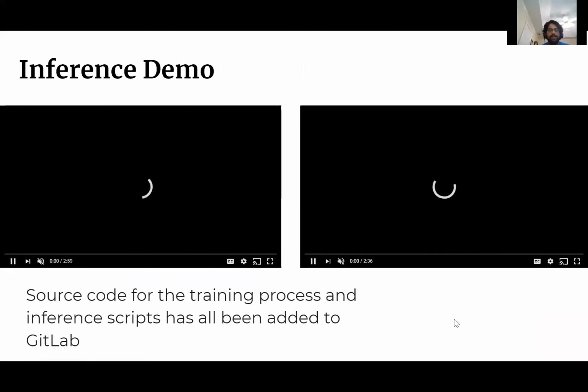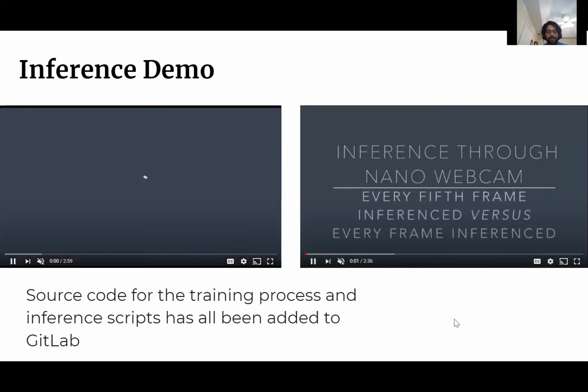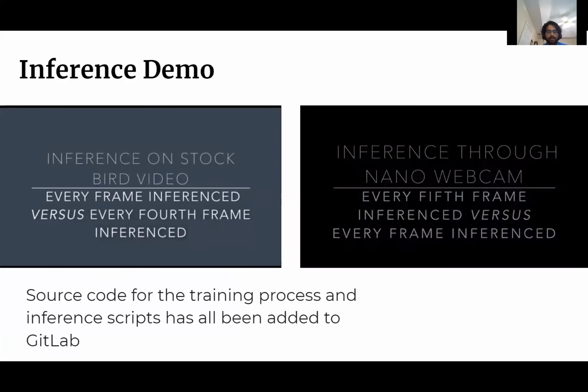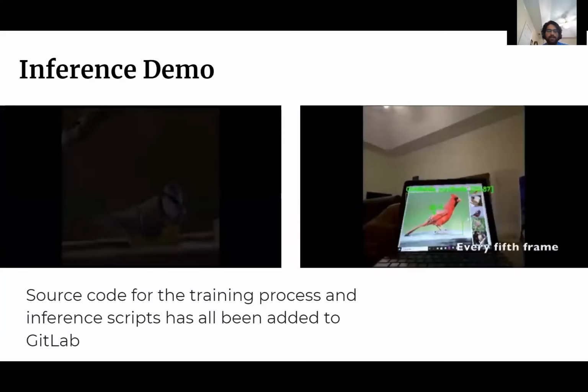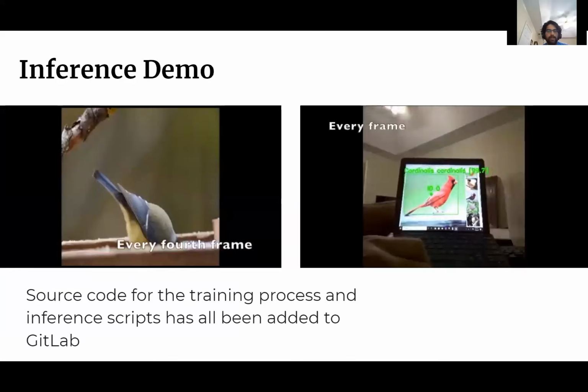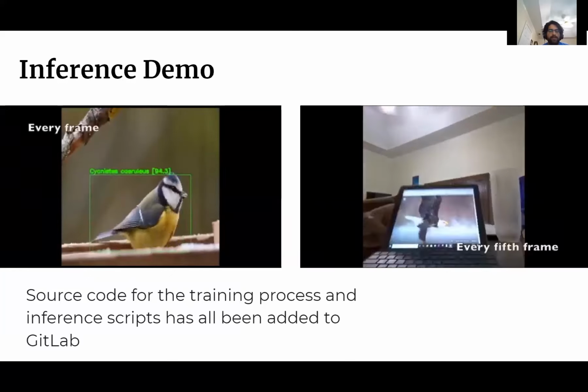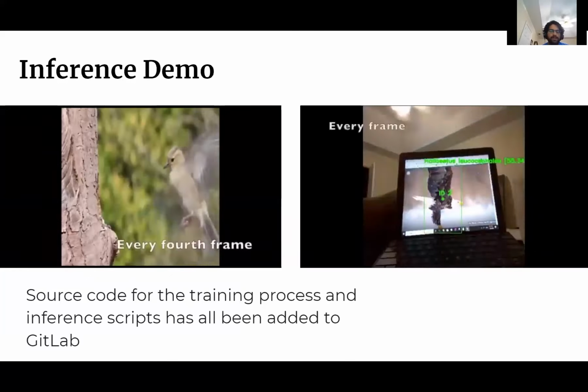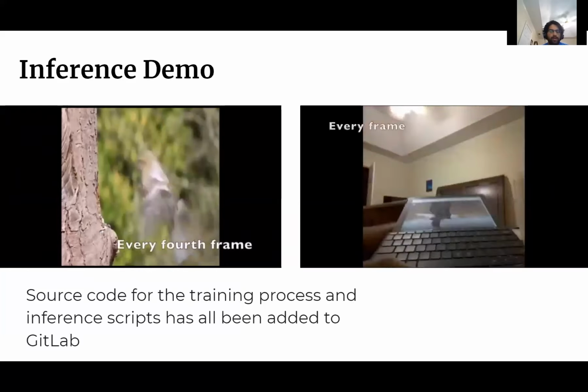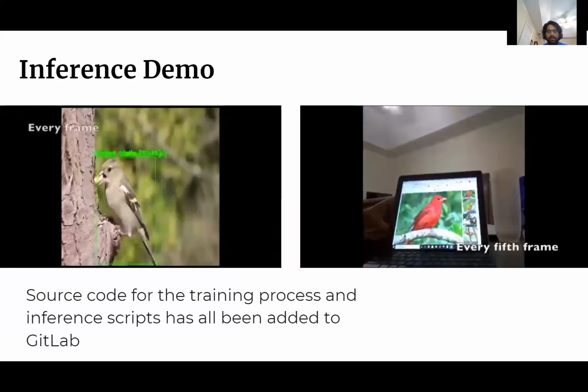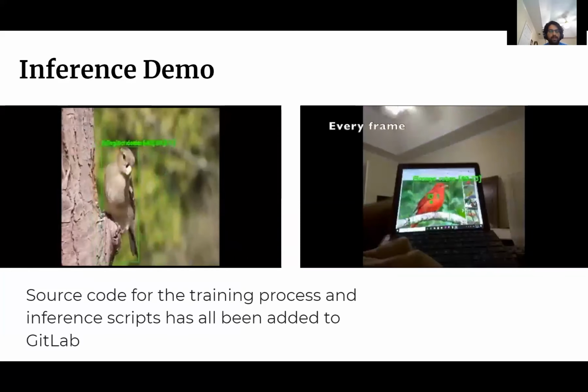So here you can see our final inferencing demo that's implementing the YOLO v4 Tiny, as well as the centroid tracking algorithm. On the left is the model running on a stock video of birds, and on the right is the live webcam.